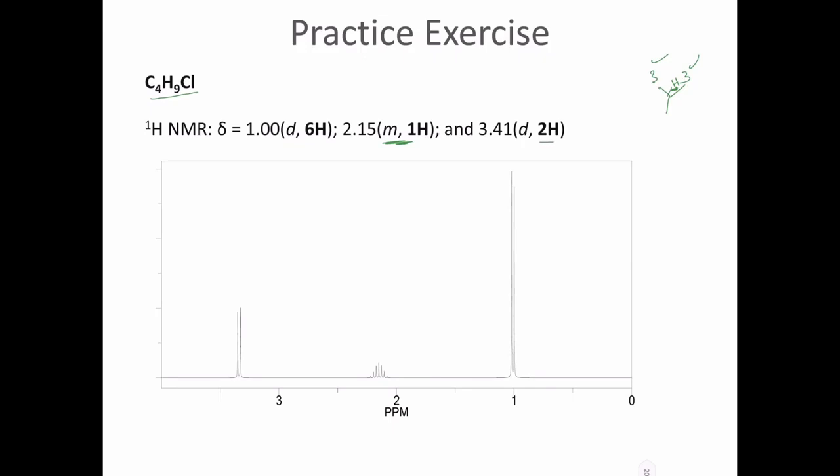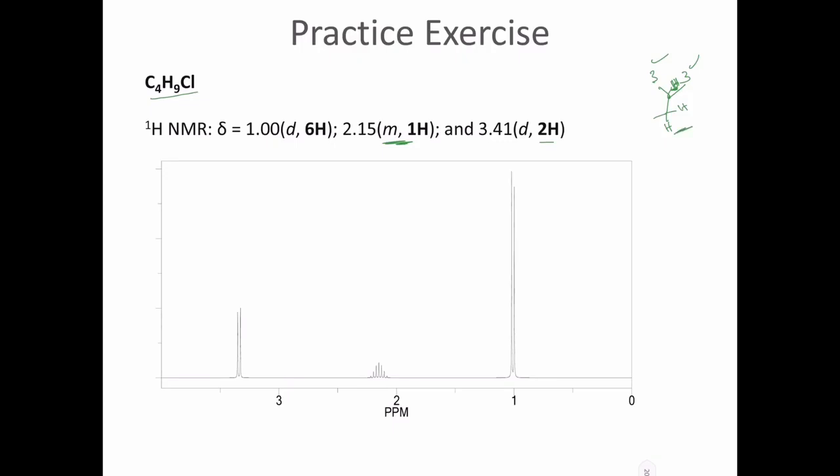2 protons at 3.41. And those 2 protons are a doublet. That means we are going to have those 2 protons over here. And those 2 protons are attached to a carbon which is connected to a proton, just 1 proton.